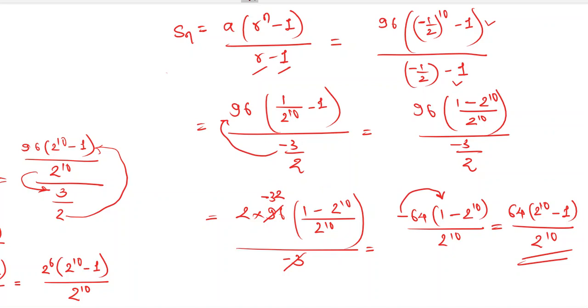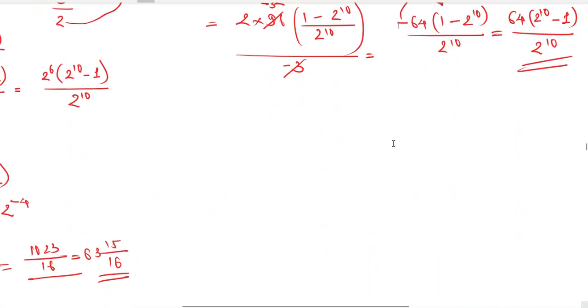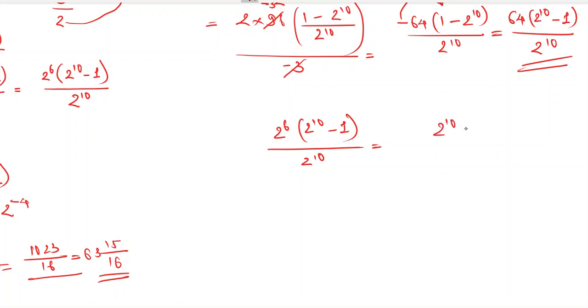So if you solve this further, let me show you one more step maybe. So 2 raised to 6 bracket 2 raised to 10 minus 1 upon 2 raised to 10. Here you will get 2 raised to 6 minus 10, that is 2 raised to minus 4. You can write it as 2 raised to 10 minus 1 upon 2 raised to 4.